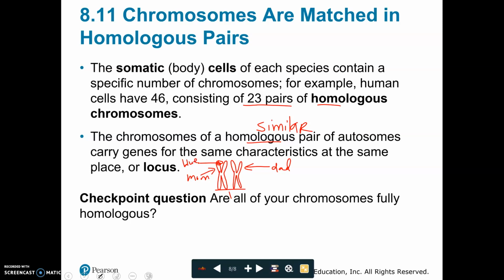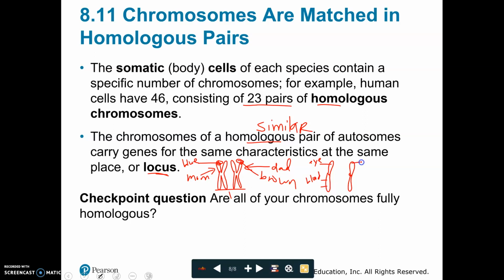And the one from your dad, the matching one, would also have the code, the locus for eye color on chromosome number 1, but maybe your dad gave you the gene for making brown eyes. And then this is where genetics would come in with dominant and recessive and all that. But the important thing I want you to understand is that chromosome number 1, and we could also draw them this way, before they become X's, has the gene for eye color, and it has the gene here for blood type, and maybe it also has some gene to make some enzyme in your body.